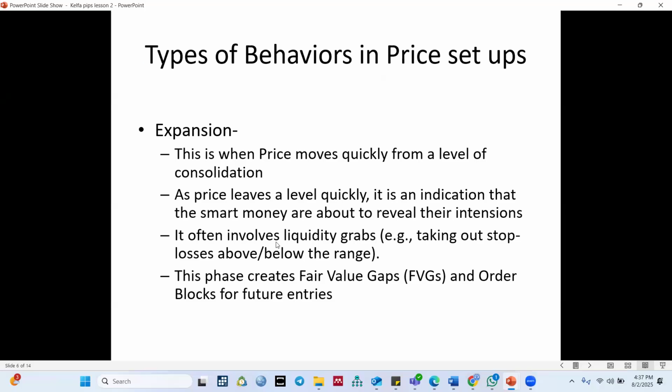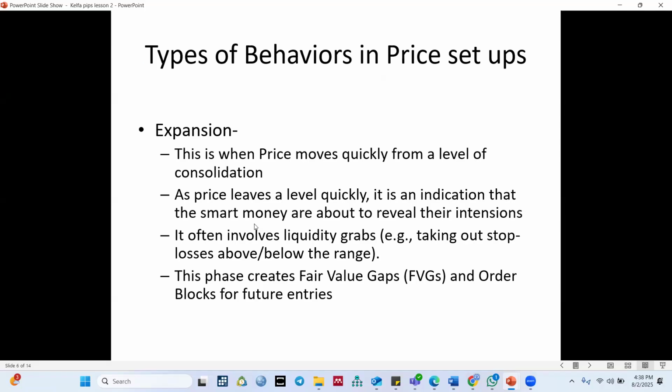It often involves liquidity grabs. So what is a liquidity grab? We will learn as time goes on. For example, taking out stop losses above or below the range. This phase creates imbalances or fair value gaps and order blocks for future entries.